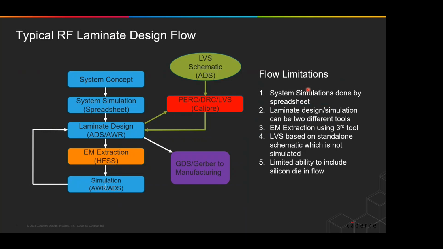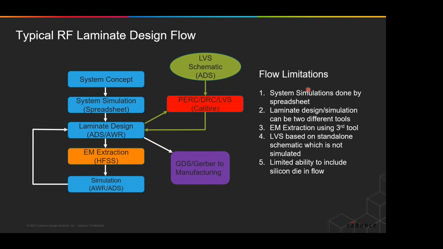So having talked a little bit about the tools, let's talk about what we see as a typical RF design flow and how the flow that we propose can help solve this issue. So the typical RF design flow starts out with a system concept, some idea in somebody's head about what an RF design would be like.